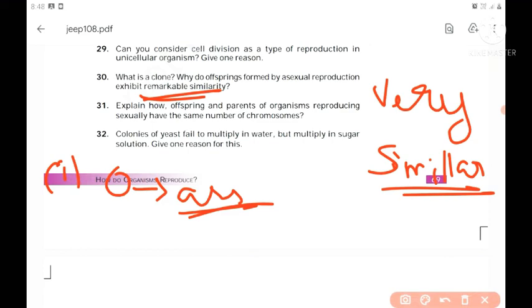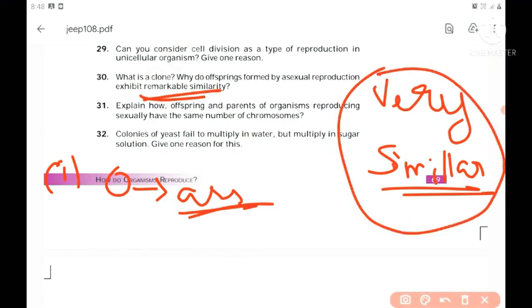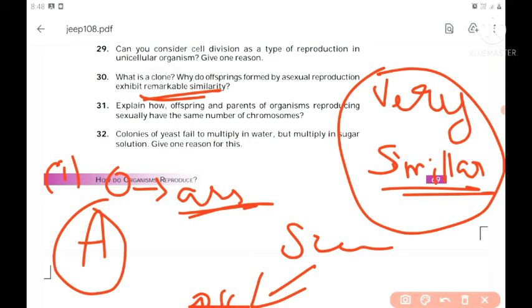And how is it so very similar to the parent? Can a sexual method of reproduction give an offspring which is very similar? No, right? It is possible only in an asexual method of reproduction. Sexual reproduction has variations, but asexual not that much, right? Very similar. That is a clone.